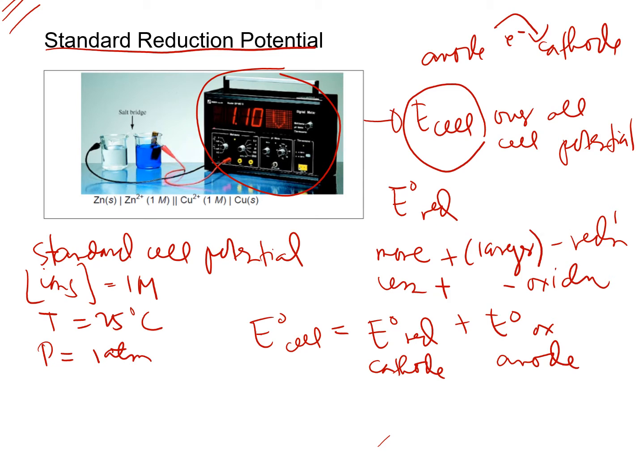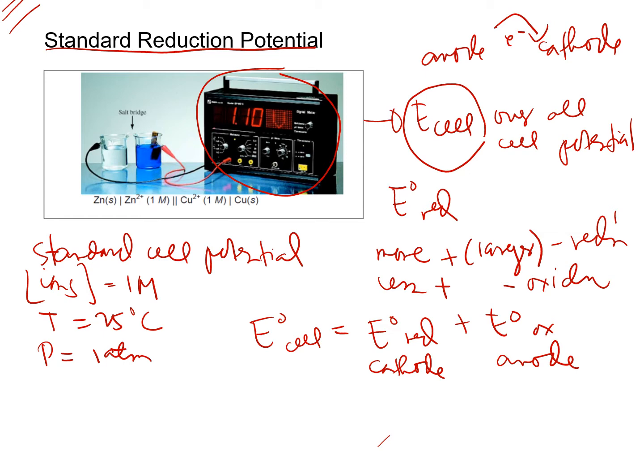So what we can measure is just the E cell. The question is, how do we get the standard reduction potential or the oxidation potential? What we do is select a specific half cell as our reference, defined as zero, and then use this one to get the standard reduction potential for all other half cells.